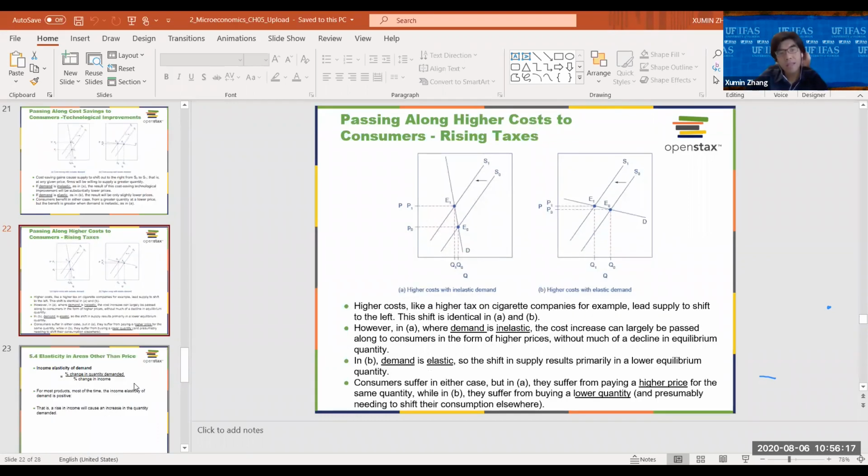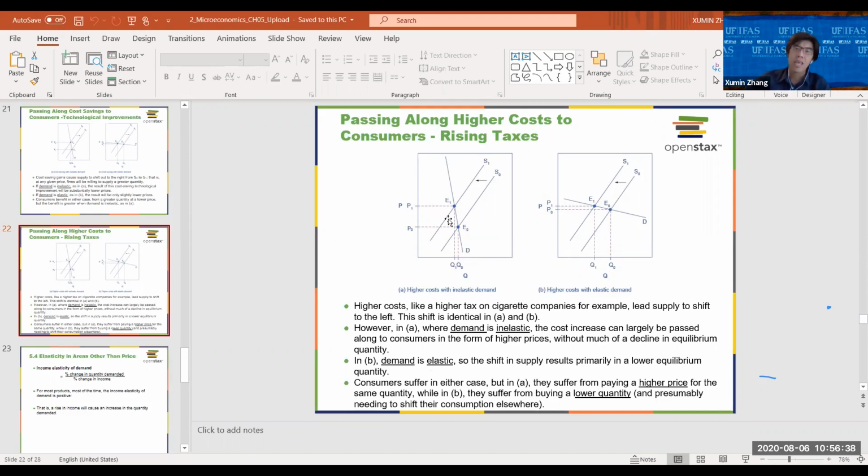And then there's another example, similar, but going the opposite way. Because of rising taxes, the company can decide to shift the supply curve to the left, or decrease their supply.